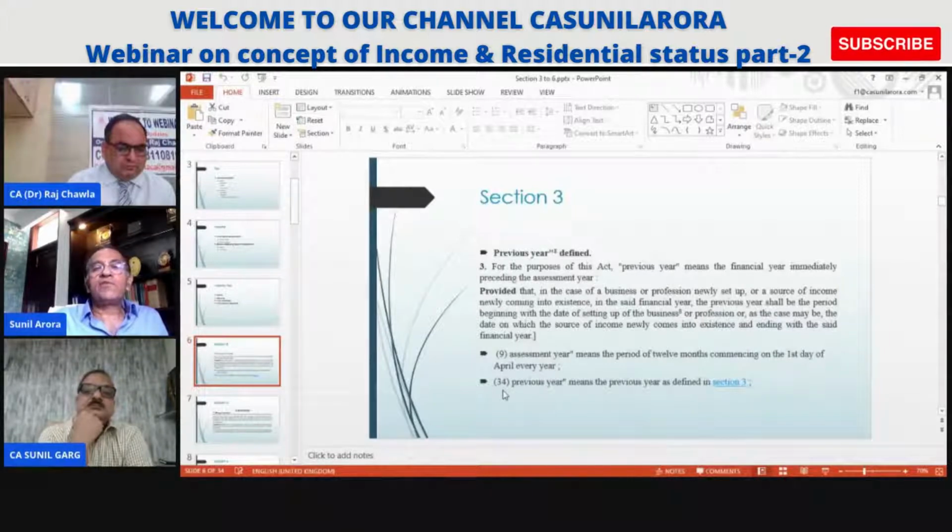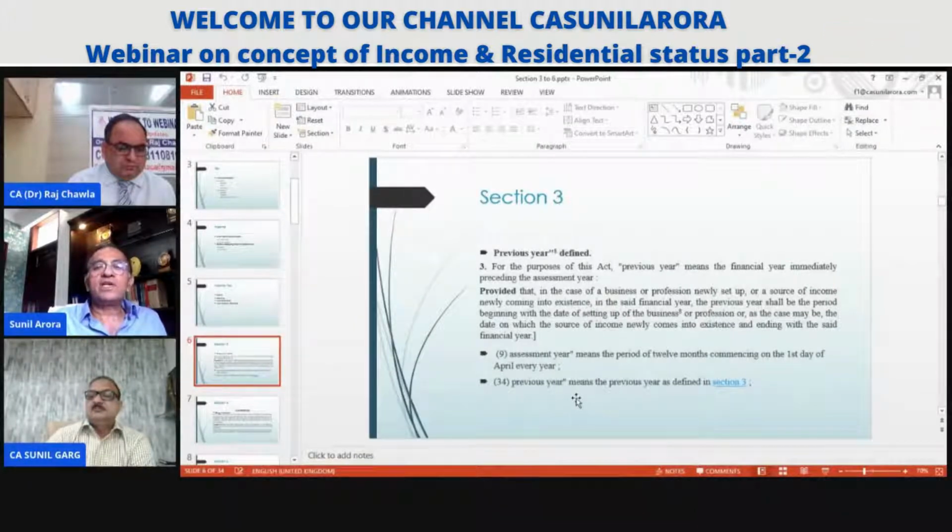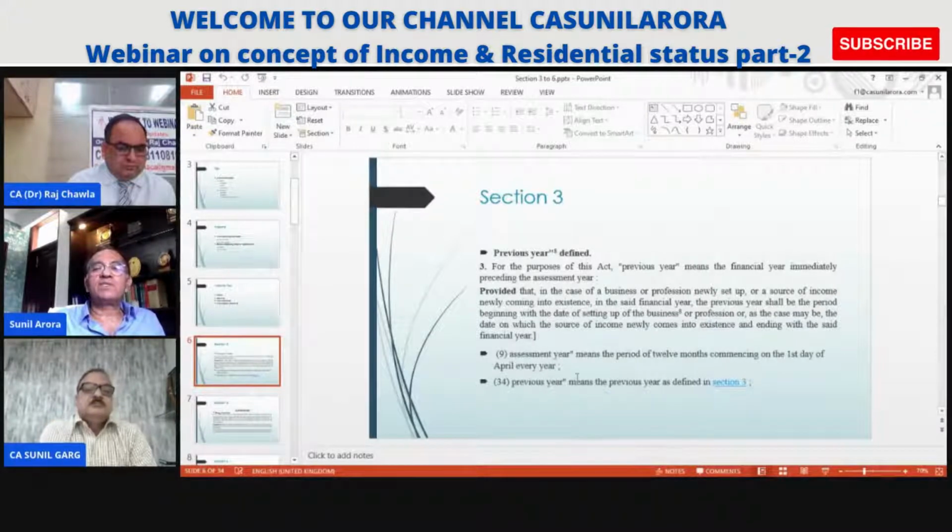Clause 34 of section 2 says previous year means the previous year as defined in section 3. I really fail to understand why we needed to put this here and refer to section 3. Why couldn't they take this definition here itself in section 2, clause 34? Or alternatively, let us not have it here at all once we have a special section defining previous year.